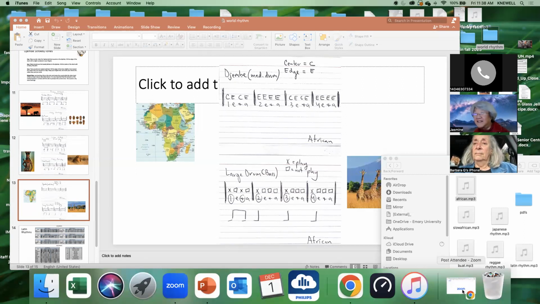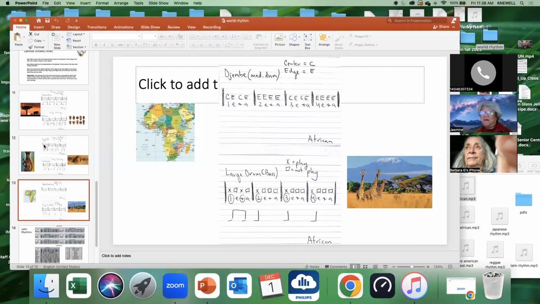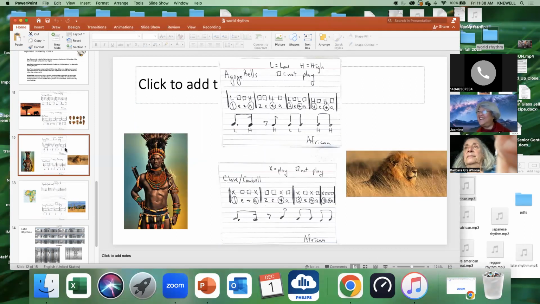Now the djembe part, 1 and a 2 and a 3 and a 4 and a 1 and a 2 and a 3 and a 4. And our previous, I'm just going to clap these.